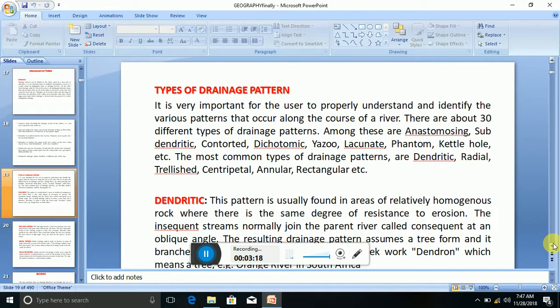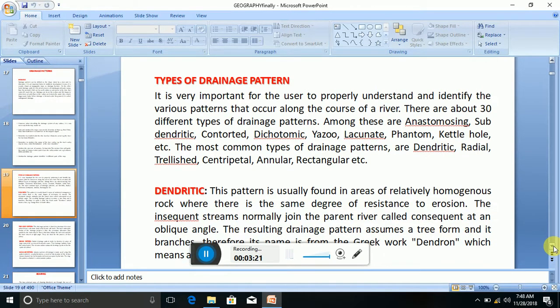Types of drainage pattern. It is very important for the user to properly understand and identify the various patterns that occur along the course of a river. There are about 30 different types of drainage patterns.